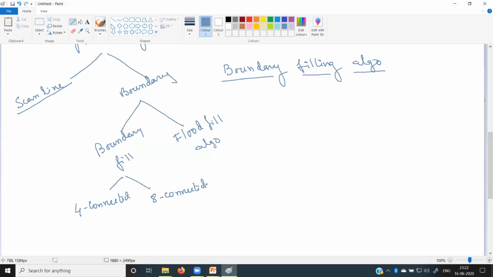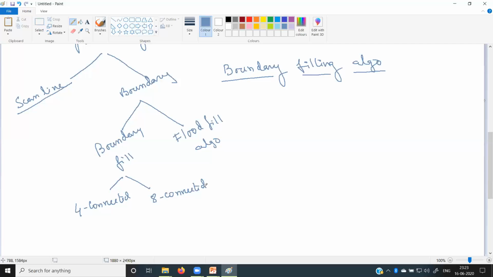Now we check the color of that point. If the color of the point is the base or background color and not the color we want to fill, then we fill the point using the desired color and find all the neighbors: in case of 4 connected, the 4 nearest neighbors, and in case of 8 connected, the 8 nearest neighbors. Then we perform the same thing for all the points.